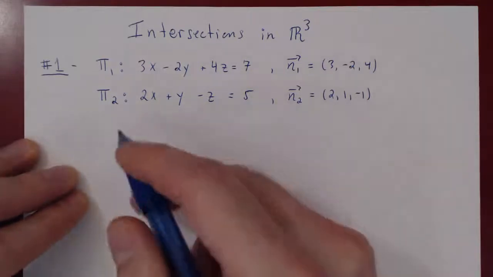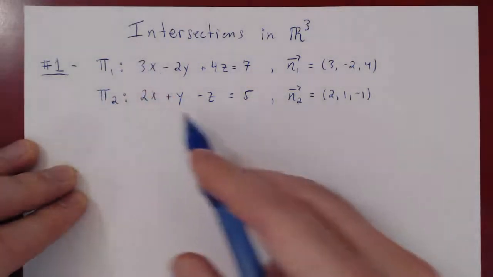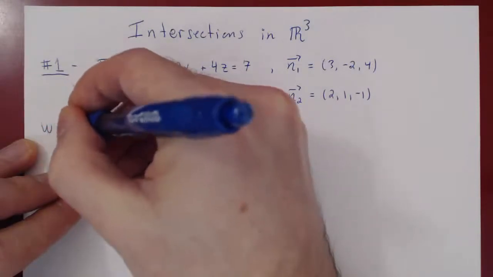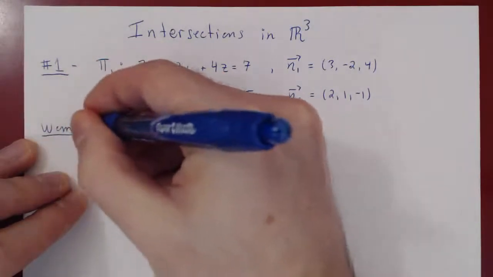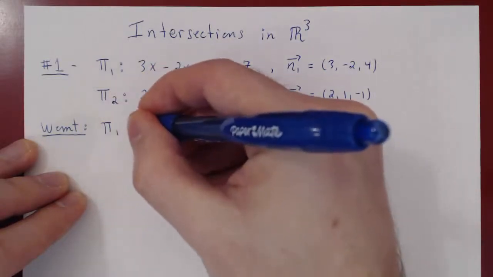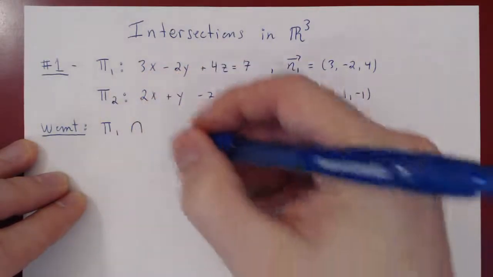And what we want is to find the points of intersection between these two planes. And there's a very concise way of writing this. We simply write pi1, this little symbol called a cap, pi2.